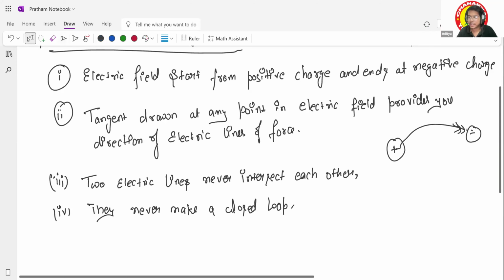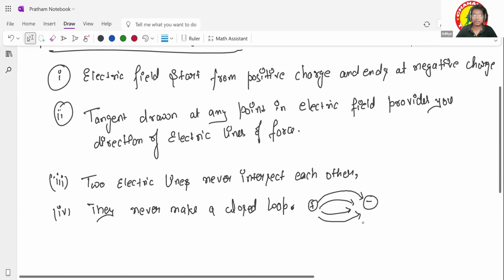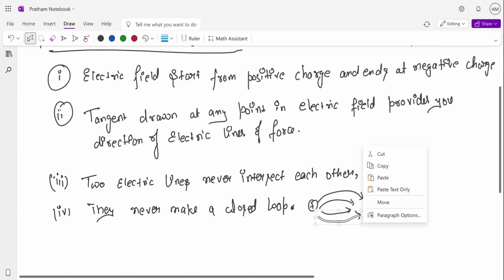It is not the case that they will go and revert in the universe and come back to their position as a loop. So they are not going to make any loop; they start from positive and terminate at negative. Understood? Yes.